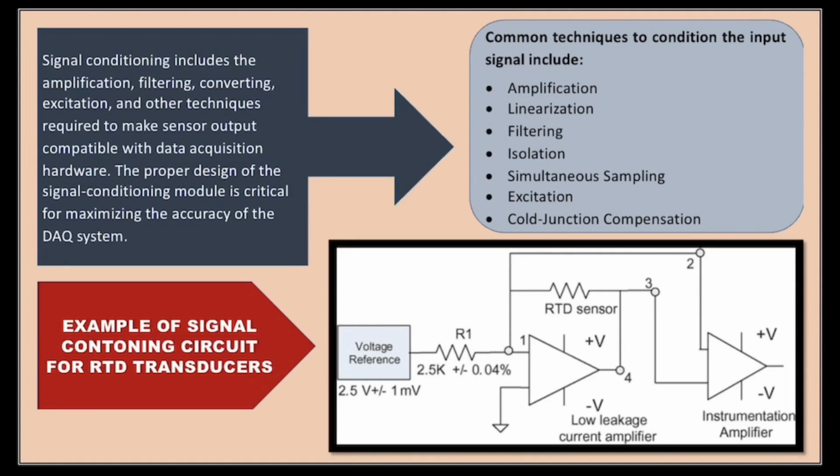Common techniques to condition the input signal include amplification, linearization, filtering, isolation, simultaneous sampling, excitation, and cold junction compensation. This is an example of a signal conditioning circuit for an RTD transducer.